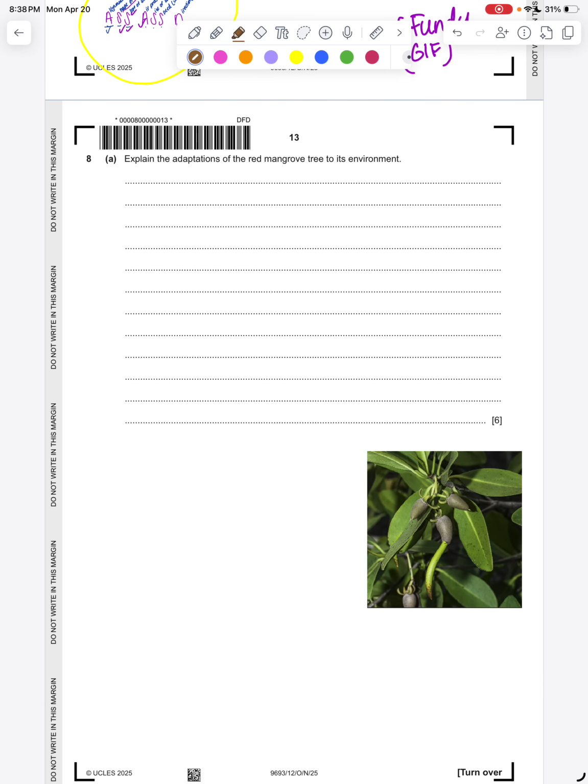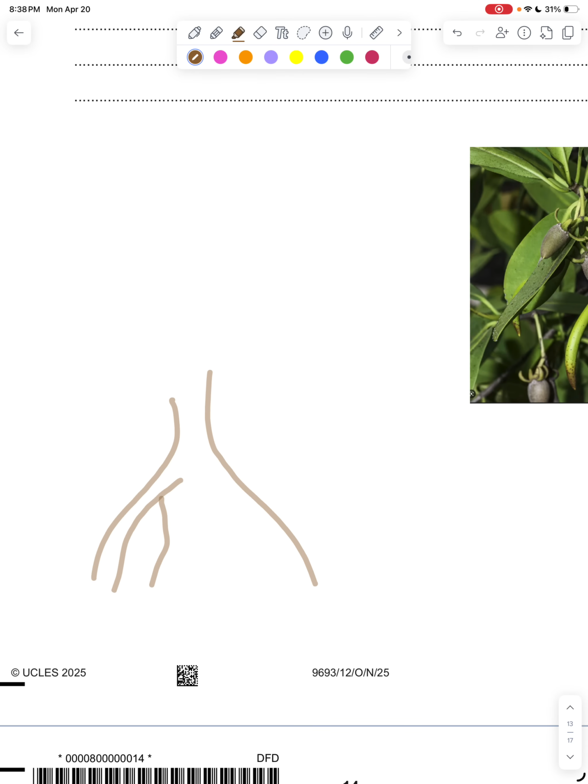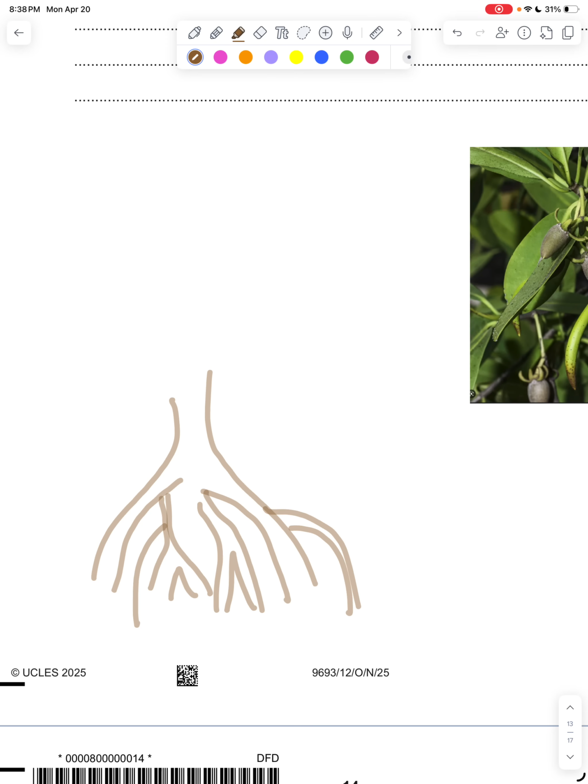Okay, the most prevalent thing we think about a mangrove are its prop roots. They grow in the water.